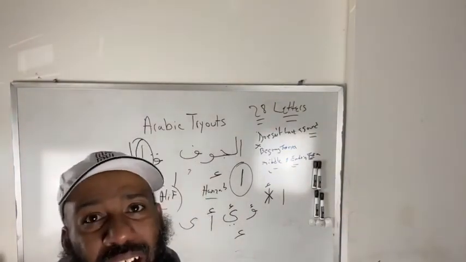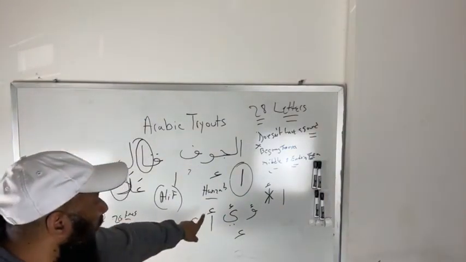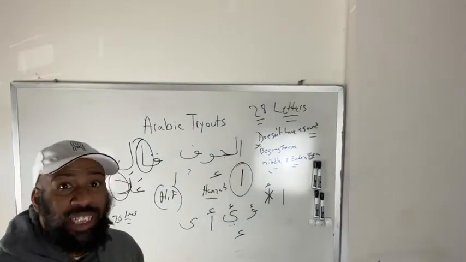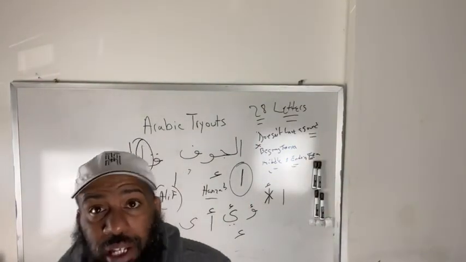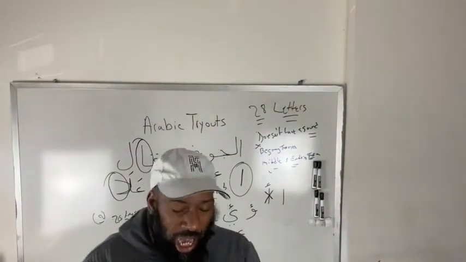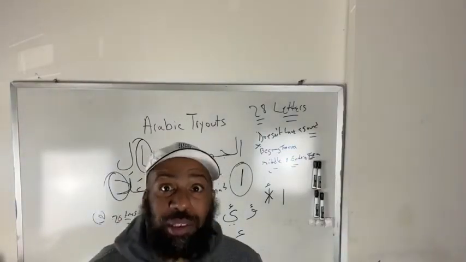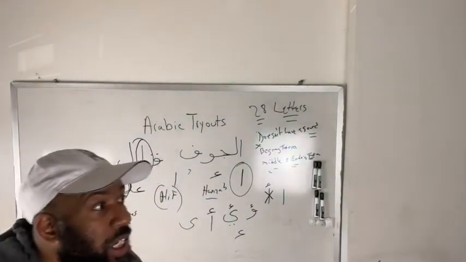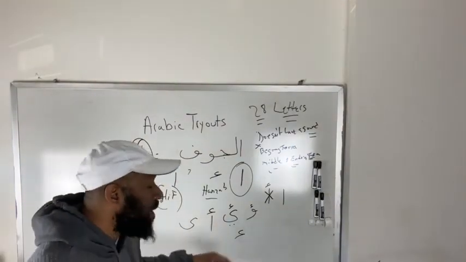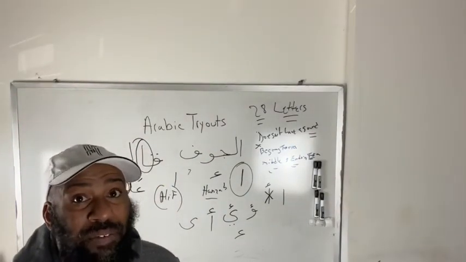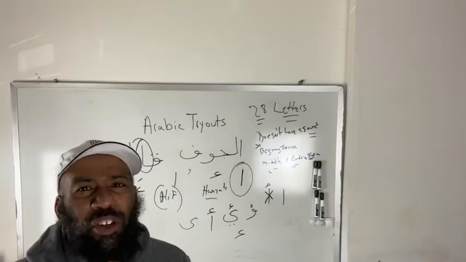Do not call it Aleph. Just ignore it. Just like in English, there are silent letters, like the I before E. Sometimes it's silent, so even though you see it there, you don't pronounce it. That's the same thing here. Even though you see an Aleph, you ignore it because it's not going to be pronounced.